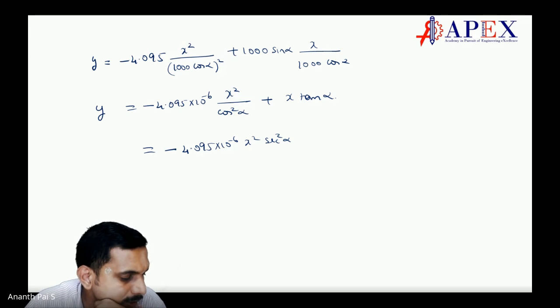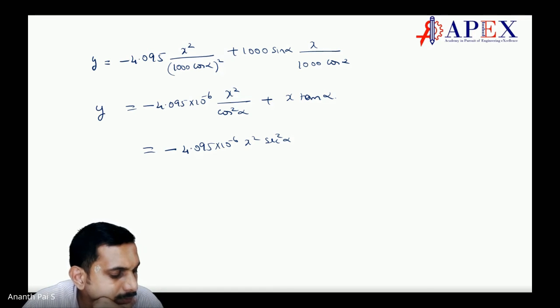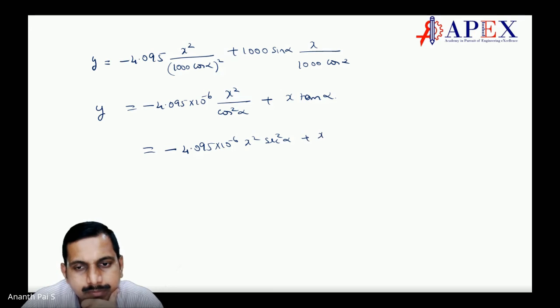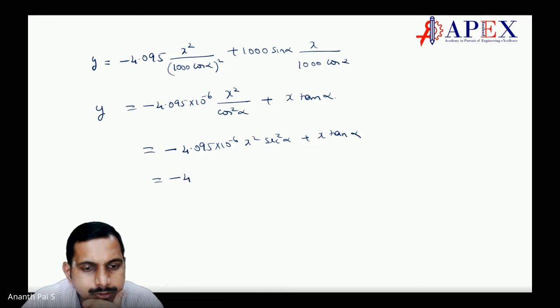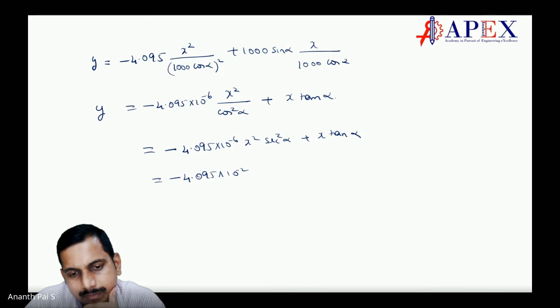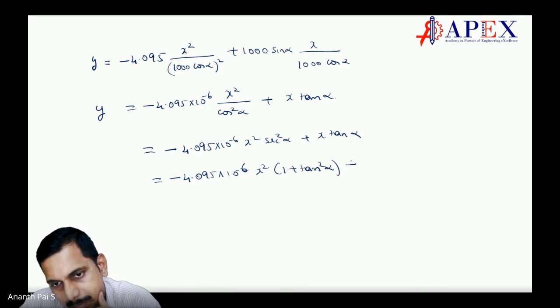Now what is sec square alpha? It is 1 plus tan square alpha, is it not? Yes, sir. That you substitute and you get that. So that is equal to minus 4.905 into 10 power minus 6 into x square into 1 plus tan square alpha plus x tan alpha.